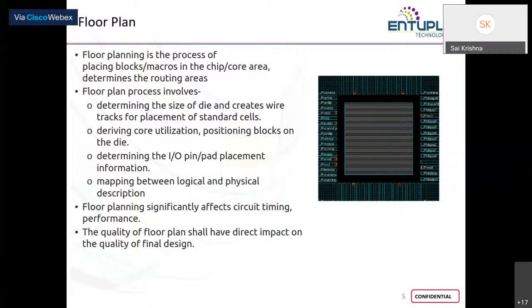So starting with floor plan, as I said, floor plan basically deals with estimating and marginalizing your workspace.